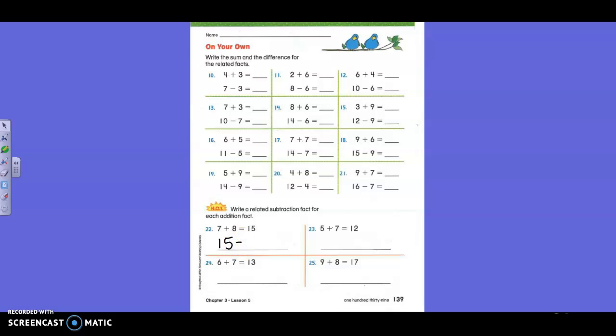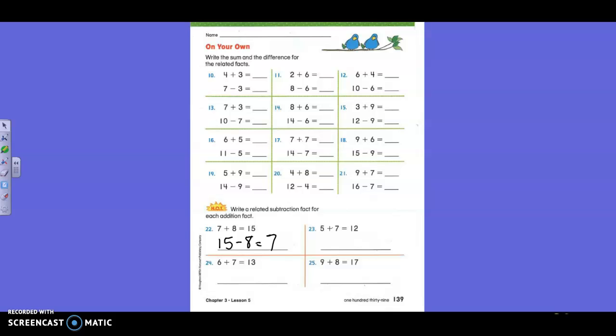Now, does it matter if you subtract the 7 or 8? No. Do you want to do minus 7 or minus 8? Okay, we'll do 8. So what should that equal? 7. You still use all the same numbers. You just have to put them in a different order, right?